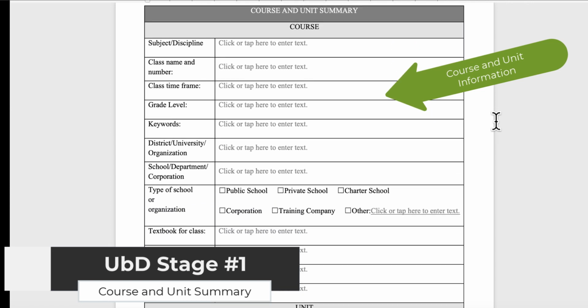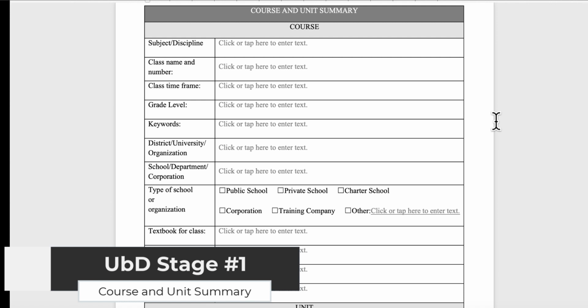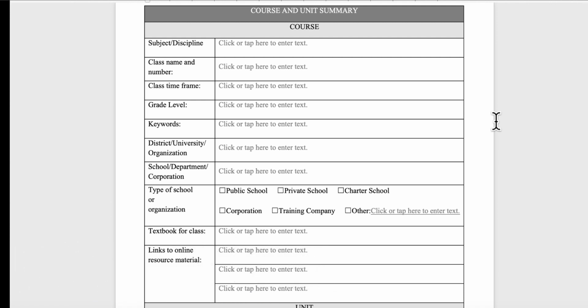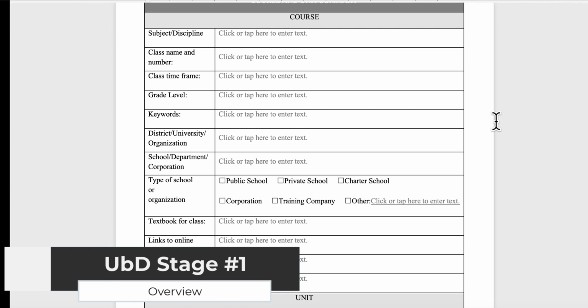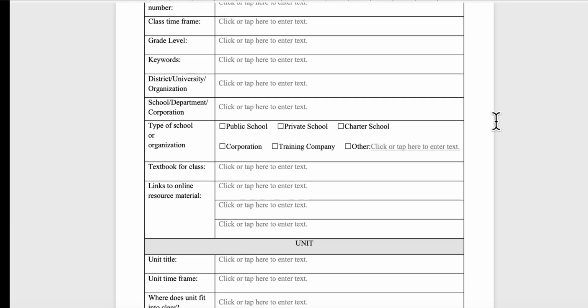This is background information about the class and the unit being taught. Things we might be seeing are how long is the class? What's the grade level? What subject or discipline? It could be math, science, social studies, world language. Is it in a school district? Is it in a college or a different organization?